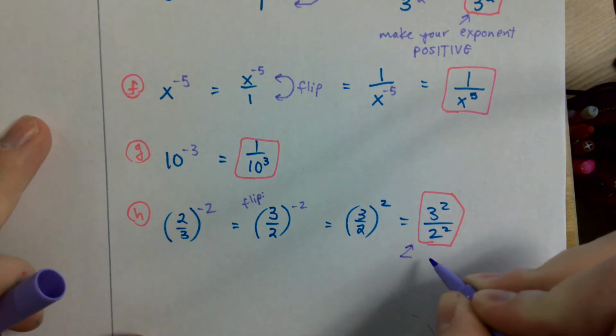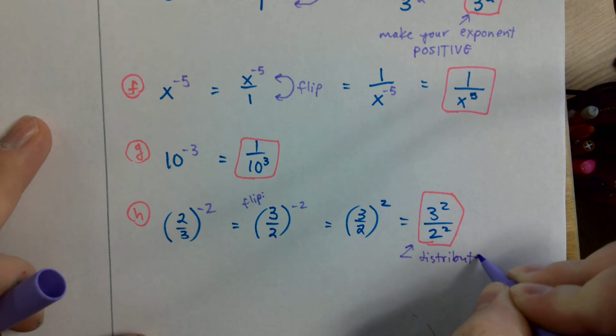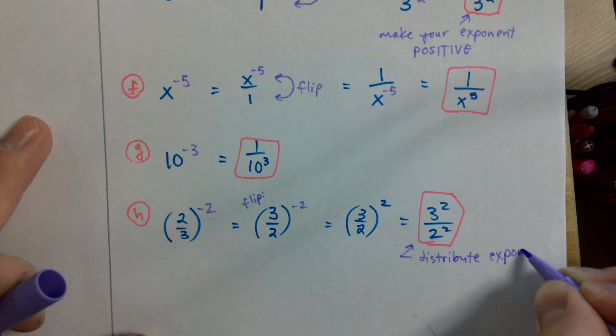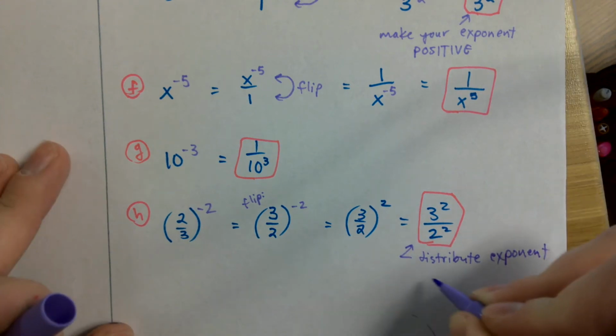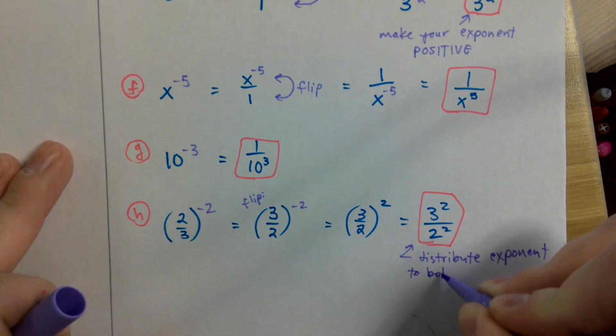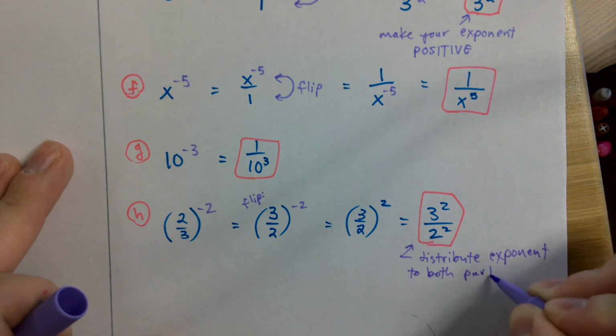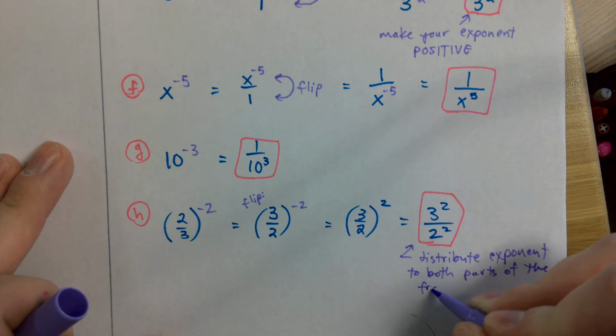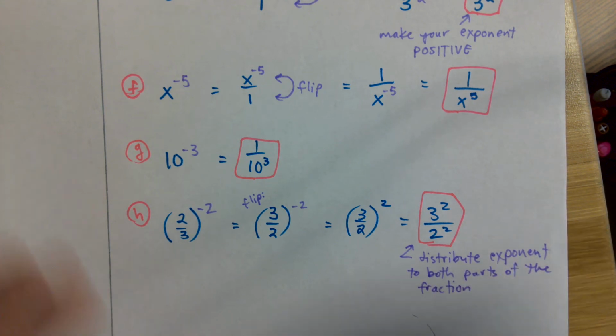And then I'll just add in here. If you already know this, you don't have to write it. Distribute exponent to both parts of the fraction. All right.